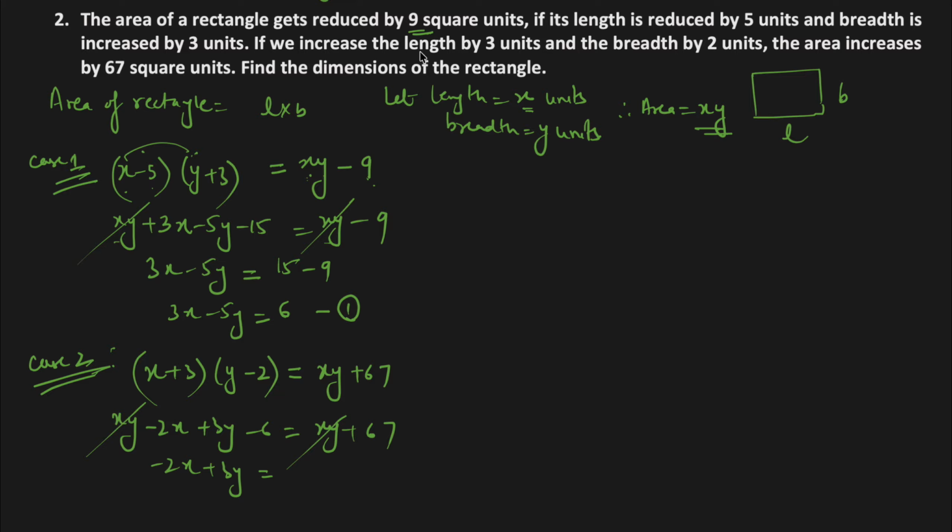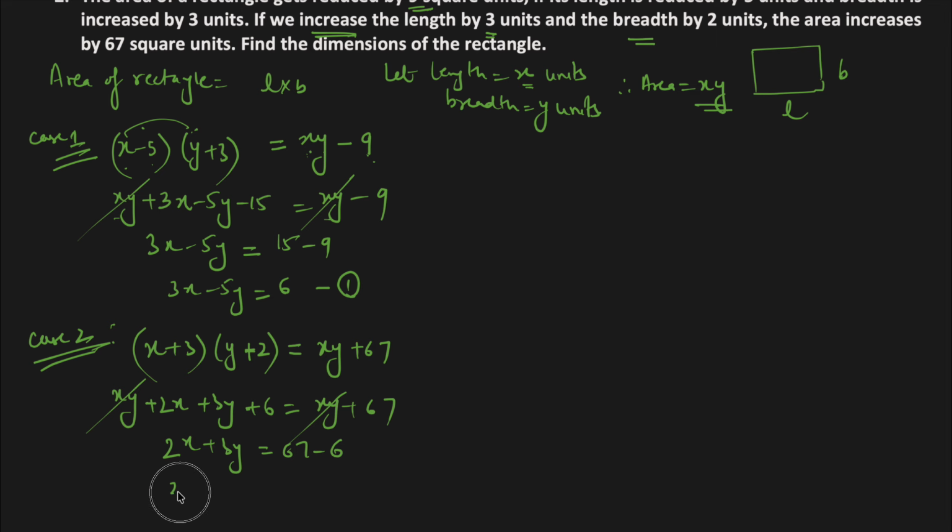Did I make any mistake? Let's check. Length is increased by 3 and breadth is also increased. Okay, so there is a mistake here. Let us change that sign over here. So here it becomes plus 2x plus 3y plus 6. Here it will be plus 2x and this will be 67 minus 6. So let's change that here: 2x plus 3y equals 61. This is your second equation.